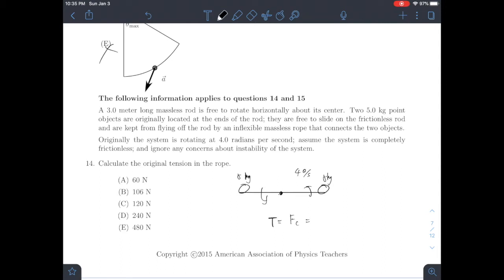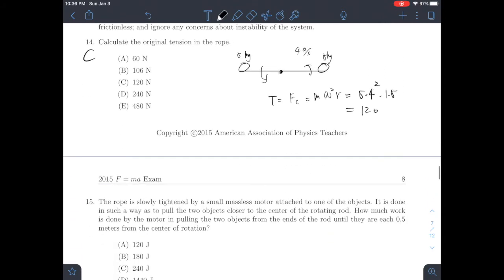We cannot use two of the masses, because the tension acts on each of them; if you use two masses, it will be doubled. So we use m omega squared times r, equal to 5 times 4 squared times 1.5, which, let's plug into a calculator, is 120, which is C, 120.